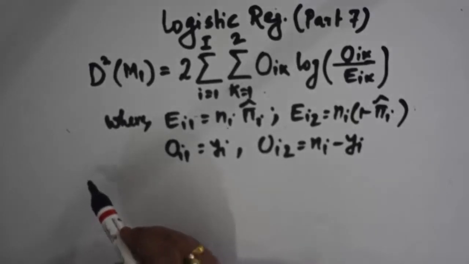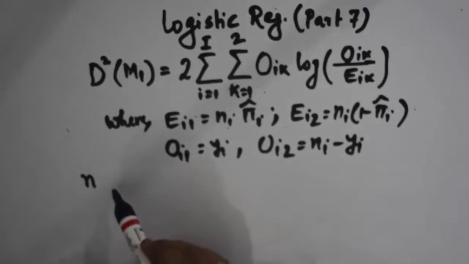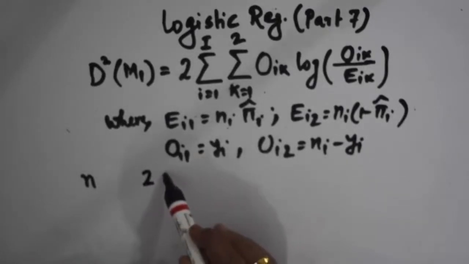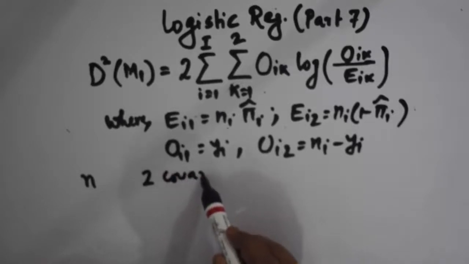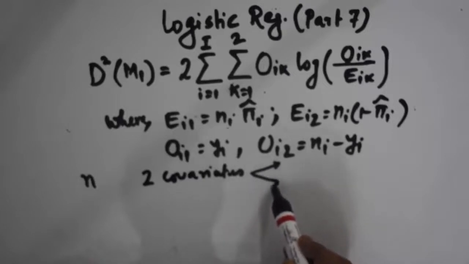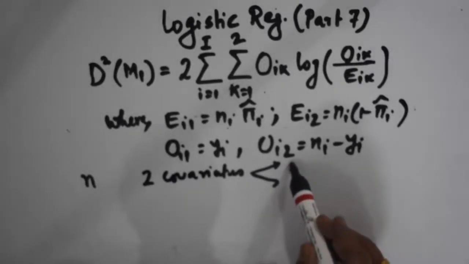Suppose we have n observations. There are two covariates, or two explanatory variables, and each covariate has two labels.